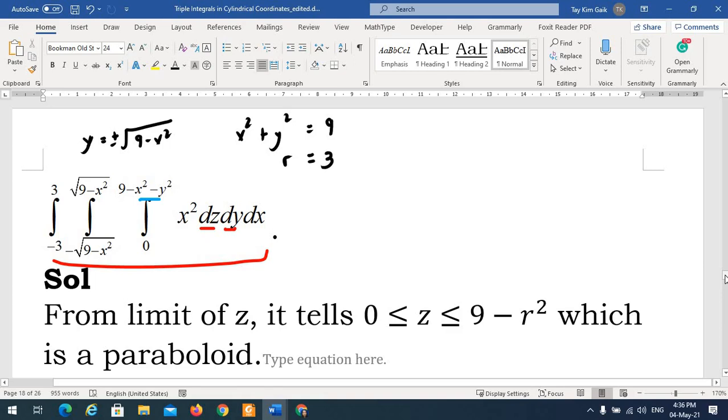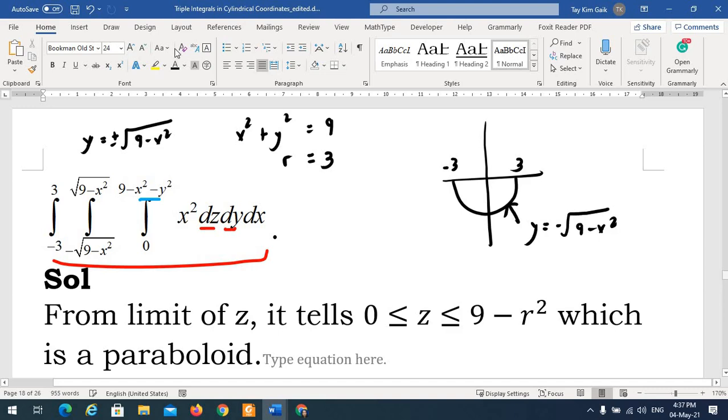To confirm theta, you look at whether your circle is a full circle, a semicircle, or a circle in the fourth and third quadrants. From the limit of y here, this is 3, this is negative 3. This lower curve is given by y equals negative square root of 9 minus x squared.